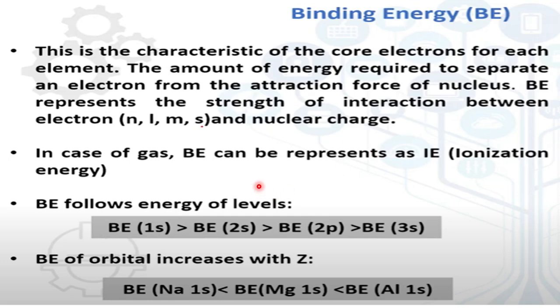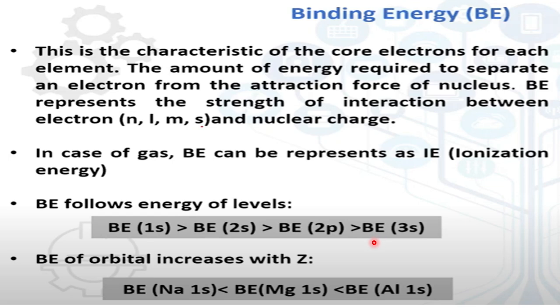In case of gas, the binding energy can be represented as ionization energy. As we know, the amount of energy required to remove one electron from the first shell to infinite distance is called the ionization energy, and it follows the energy order: binding energy of 1s greater than 2s greater than 2p.